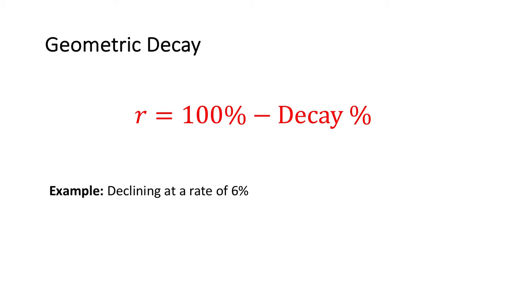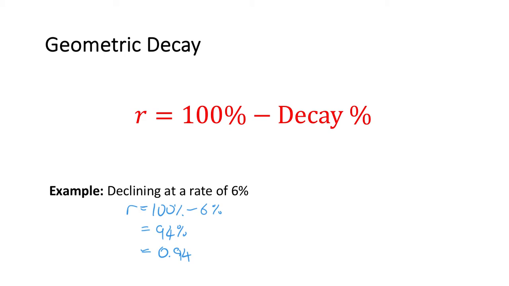So for example, if we're declining by a rate of 6%, our R value would be 100% minus 6%, which is equal to 94%. Now to use that in our general rule, we're going to need to put that into a decimal, so 0.94. So if we were having a scenario where we were declining at a rate of 6%, the R value would be 0.94.